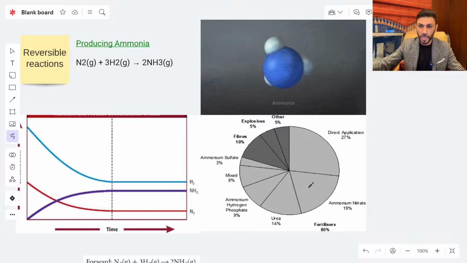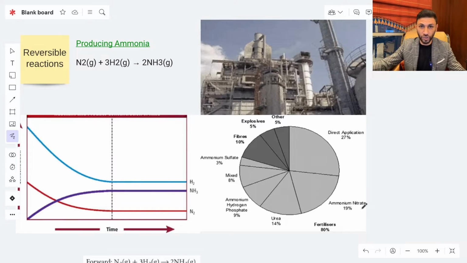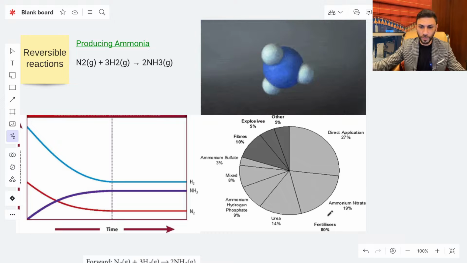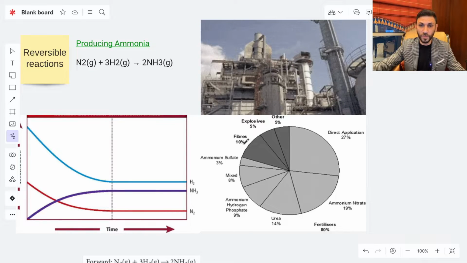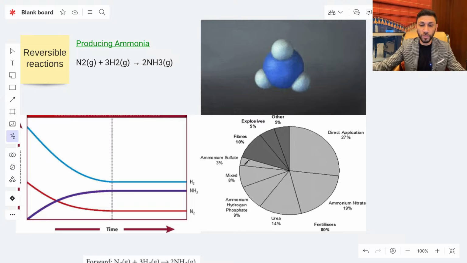For example, we use it to produce the ammonium nitrate, which is a very important compound. Also fertilizers, urea, explosives, fibers, ammonium sulfate, and many, many uses.